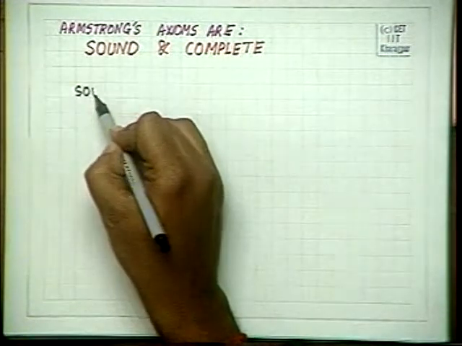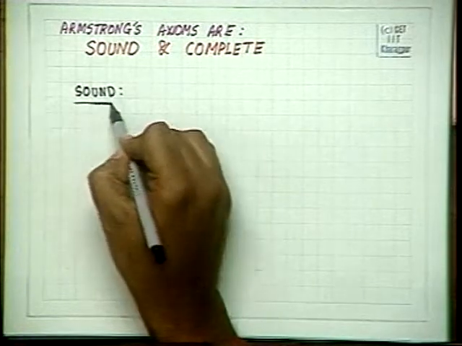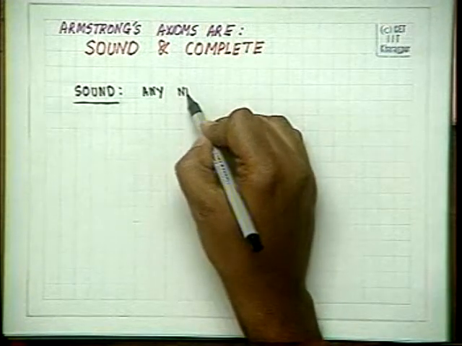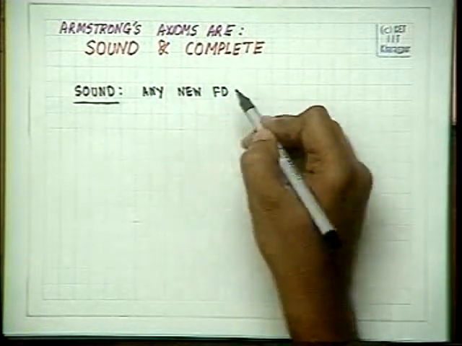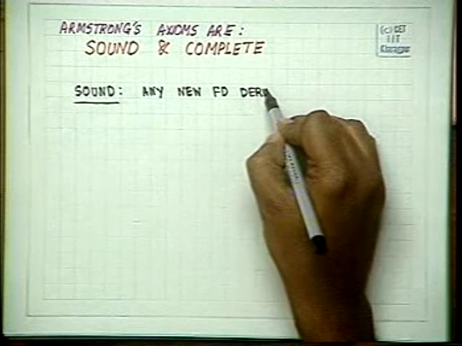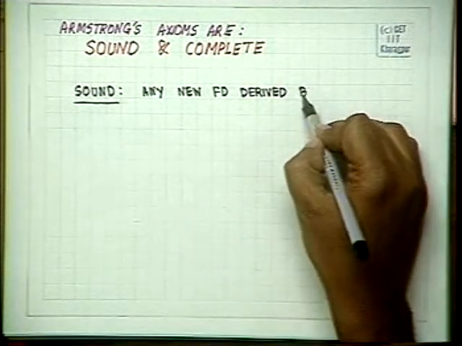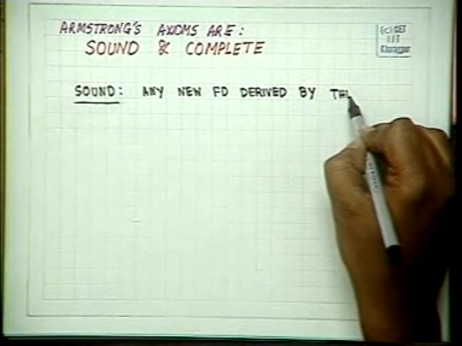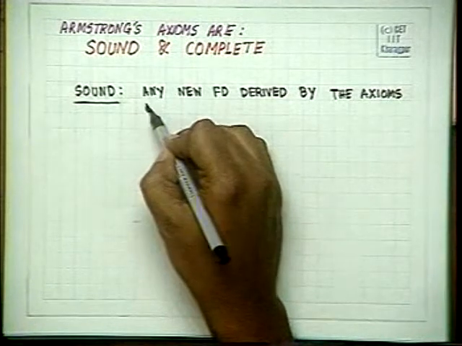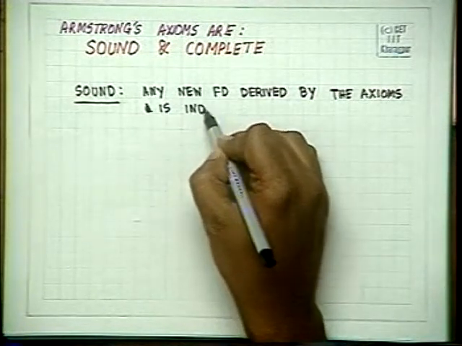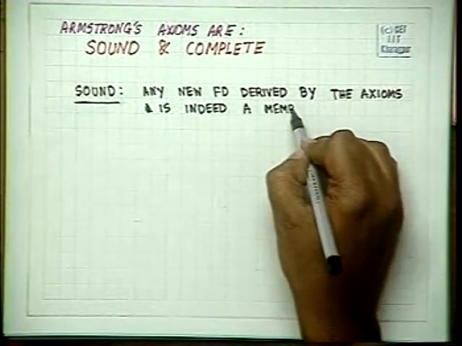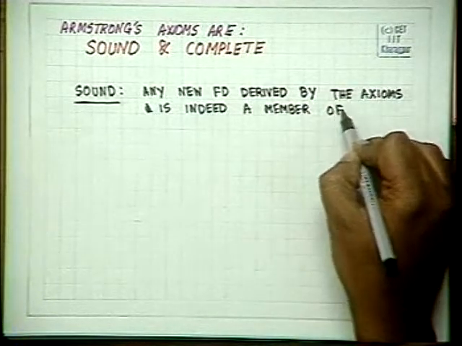Sound, what does it mean that Armstrong's axioms are sound? It means any new FD derived by the axioms is indeed a member of the closure.